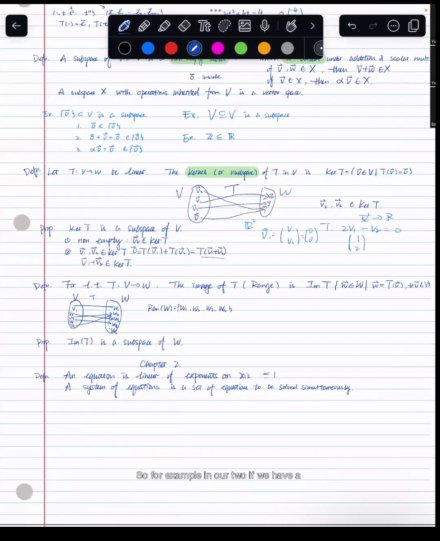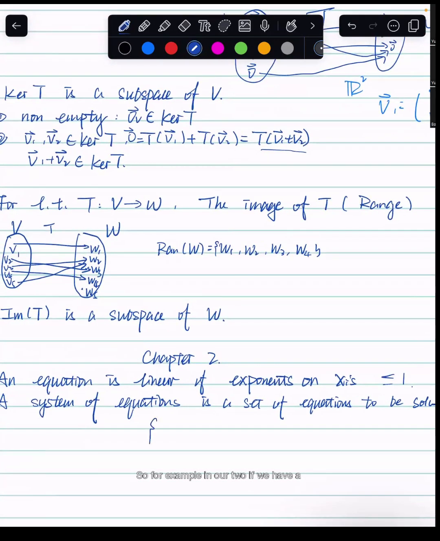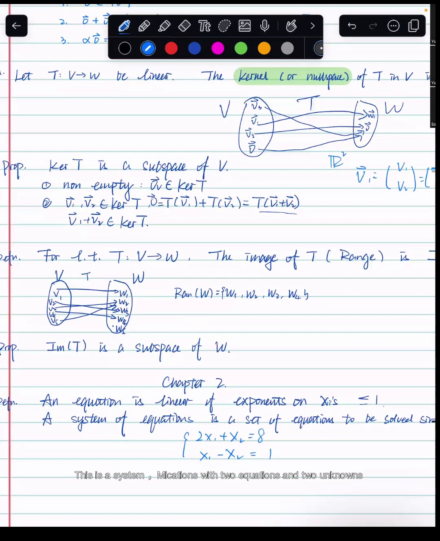So for example, in R2, if we have 2x1 plus x2 equals 8 and x1 minus x2 equals 1. So this is a system of equations with two equations and two unknowns. And they're not linearly dependent, so we can solve it.